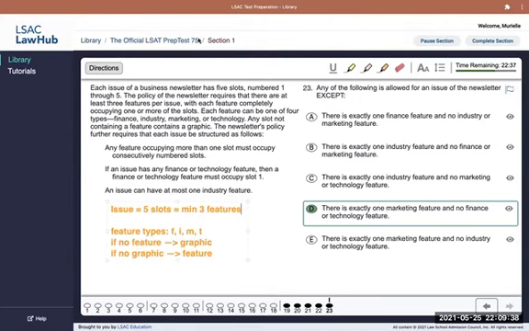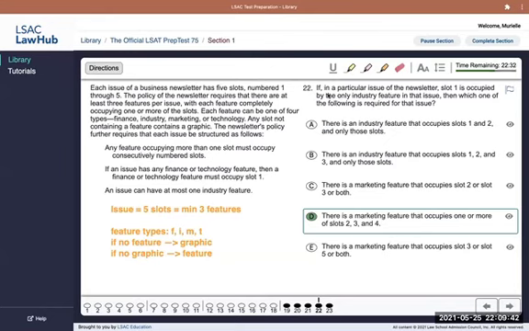I do think probably one of the more confusing points here is the wording that, if in a particular issue of the newsletter slot 1 is occupied by the only industry feature in that issue, then what's required? I think there may be some confusion around whether that means that slot 1 has industry in it and none of the other slots have industry in them.